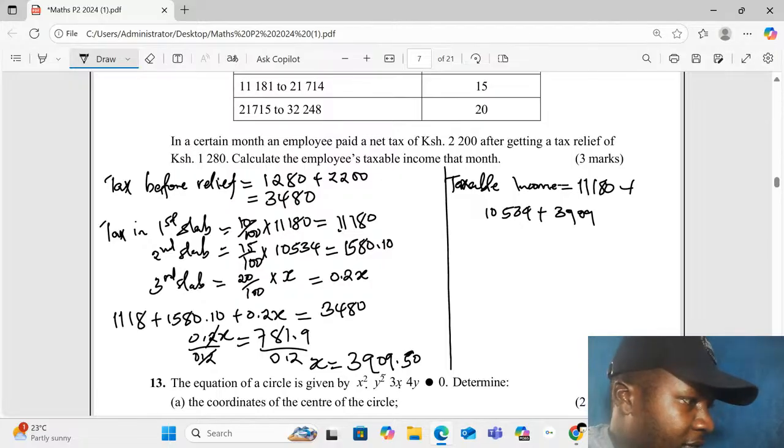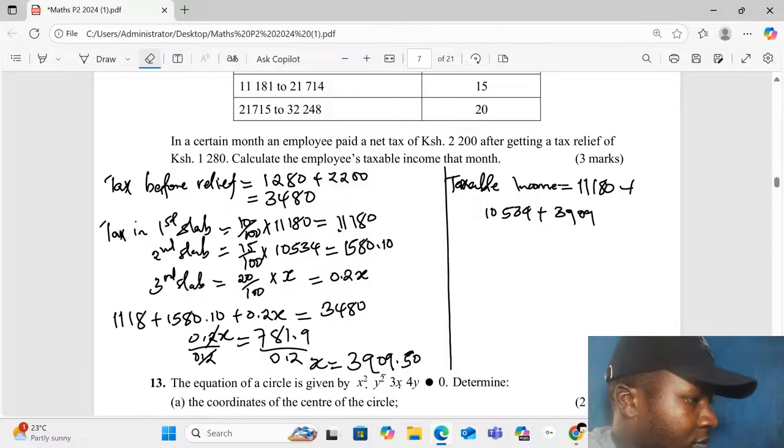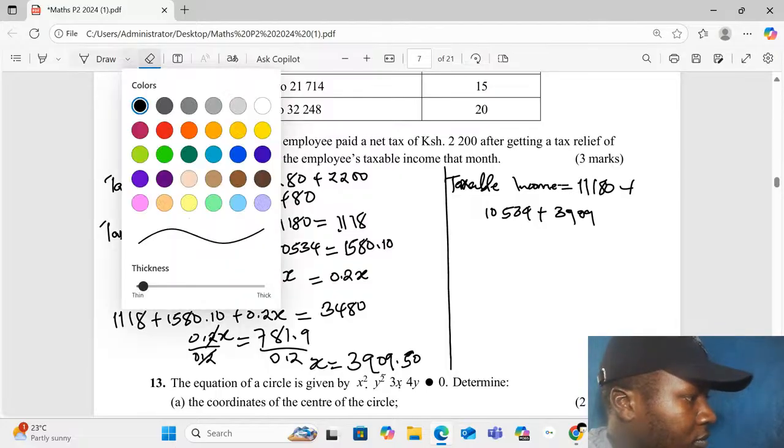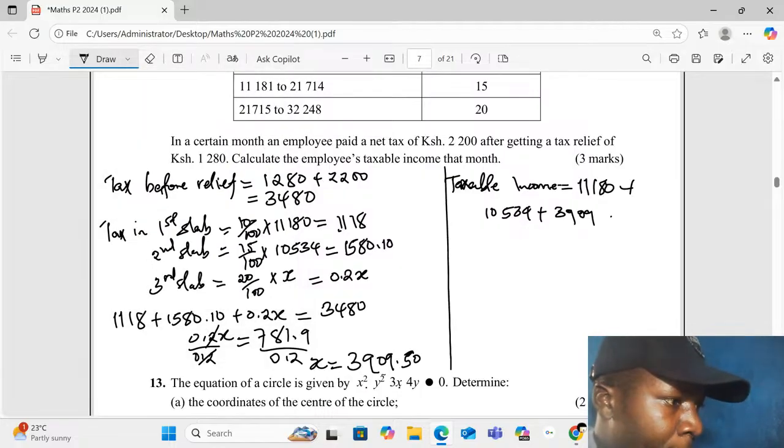So we have our 11,180, plus 10,534, then plus 3909.50, then you add them together.